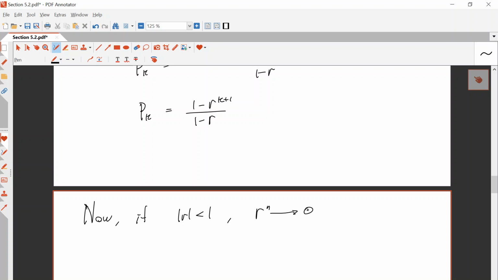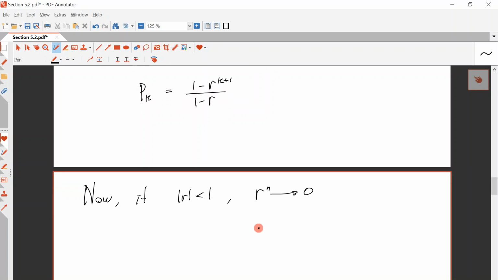A half, a fourth, an eighth, 1/16th, 1/32nd, 1/64th, 1/128th, so on and so forth. These things keep getting smaller and smaller. If r is equal to 1, then r to the n is 1 to the n, which is just 1.